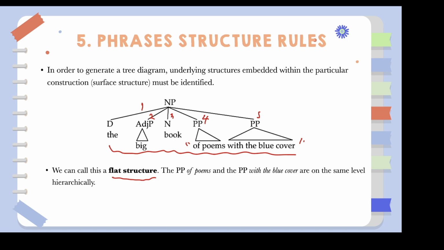The problem is that a poem is a structure that directly modifies book. So by analyzing using flat structure, we skip the fact that of poems is the first structure that modifies our head, book. Because if we use the flat structure, as you can see here, all constructions are placed at the same level. So this is a problem.